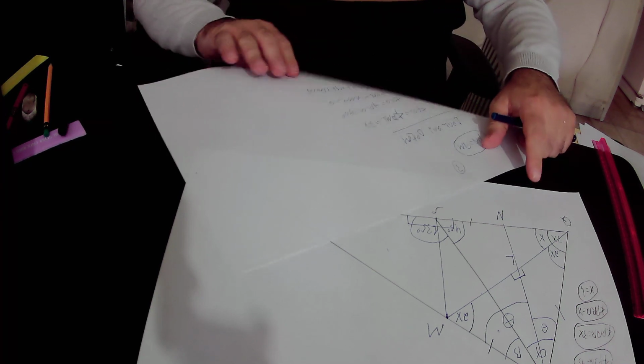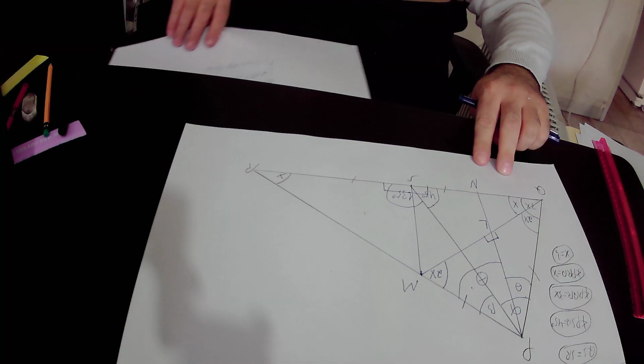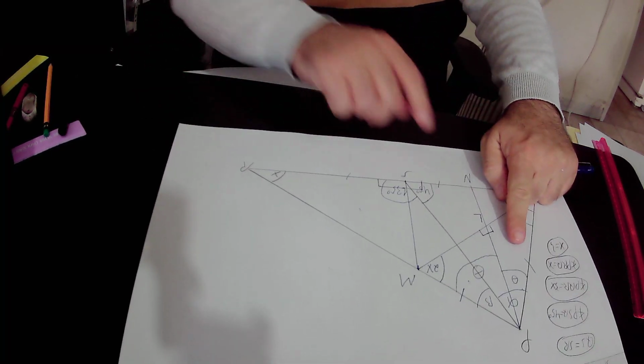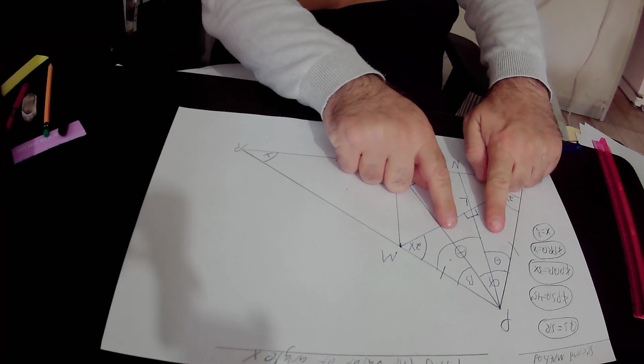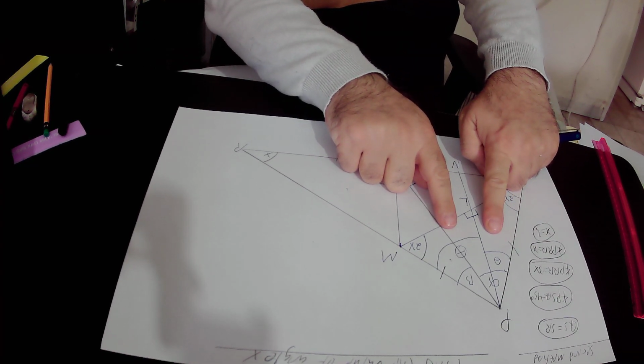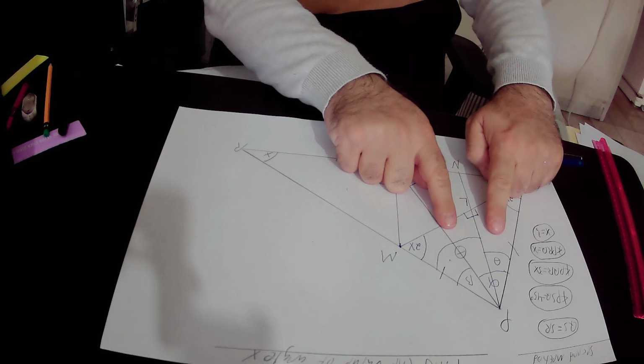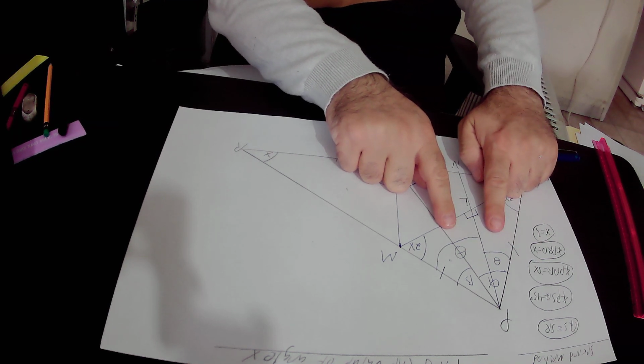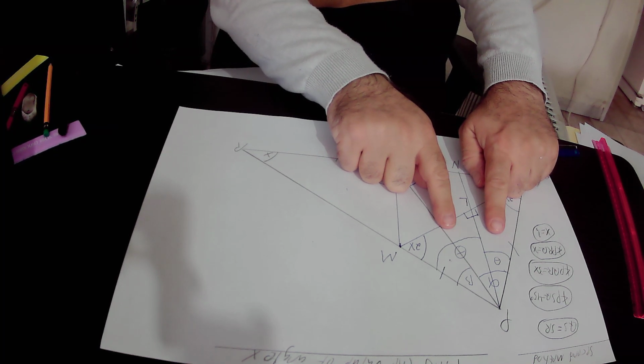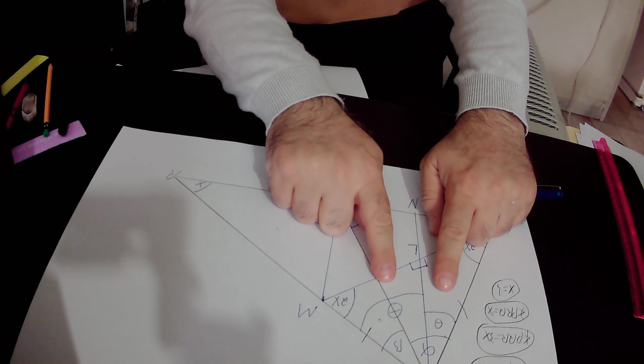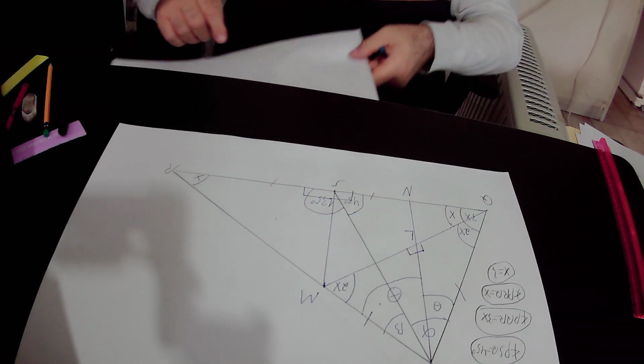You can see it easily from the drawing that theta plus theta equals alpha plus beta. Theta plus theta equals alpha plus beta.